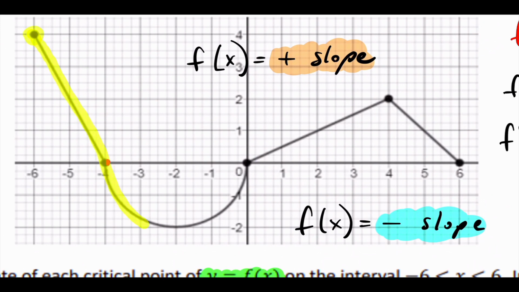Negative slope, and then I stop here, right? Because that was a critical value. And then I change, right? I go increasing, increasing, increasing, increasing, increasing, stop there. That was a critical value. And then the last one is decreasing.